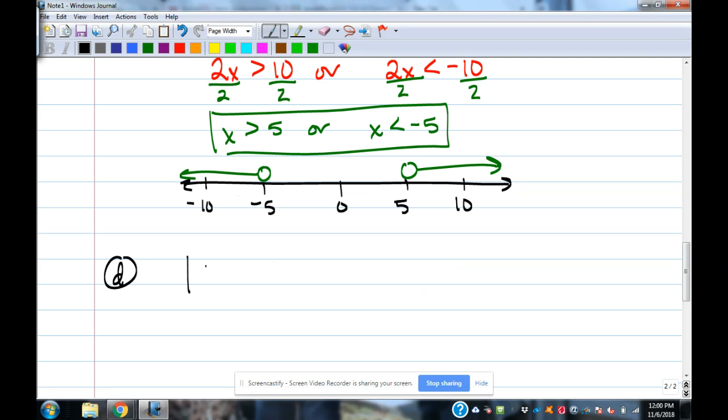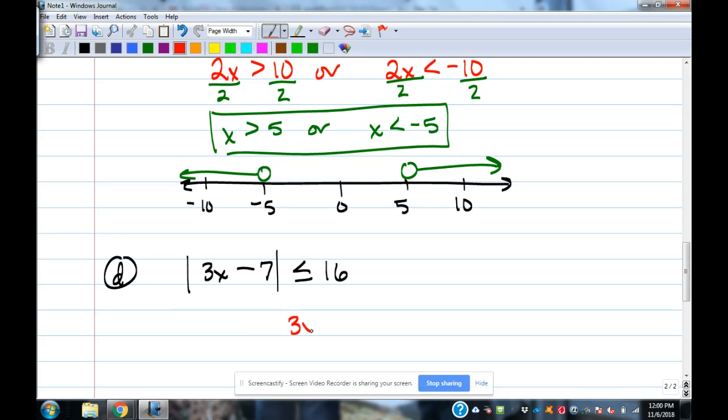Say we had absolute value of 3x minus 7 is less than or equal to 16. Okay. That's an and problem. How do you know it's an and problem? It's less than. The absolute value part's by itself, so we can go ahead and decide. We look at that. It's a less than, so that's an and problem. Very good. So when we set up an and problem, we're going to make a sandwich out of it.